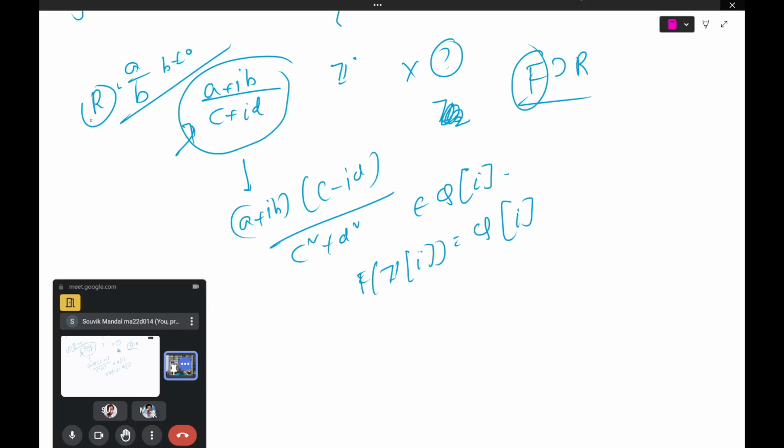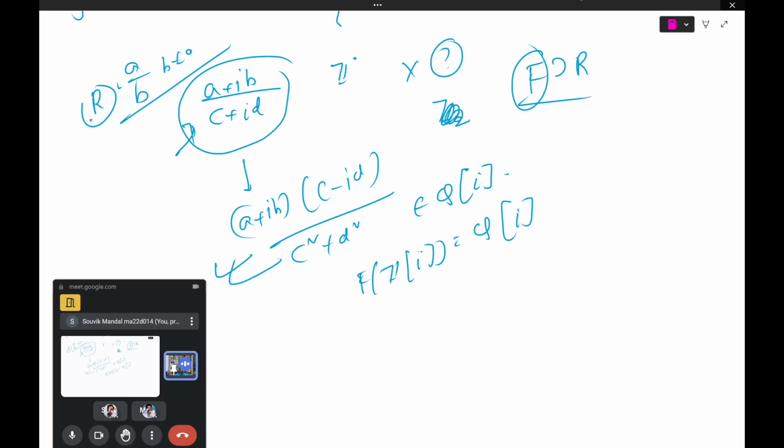Do you understand? It is already known that the elements are of the form A plus I over C plus ID. So you need to multiply numerator and denominator by its conjugate C minus ID, and you get this element.